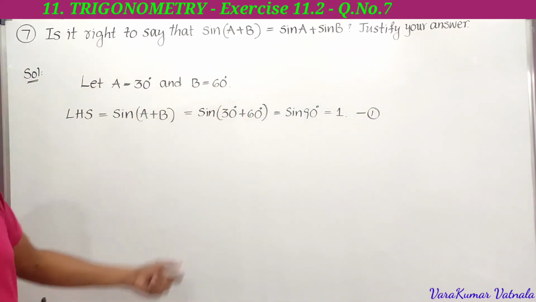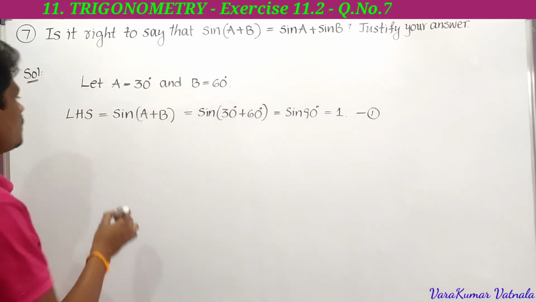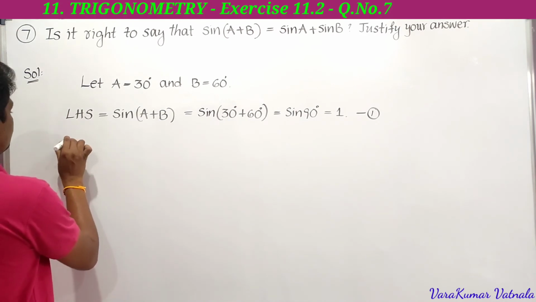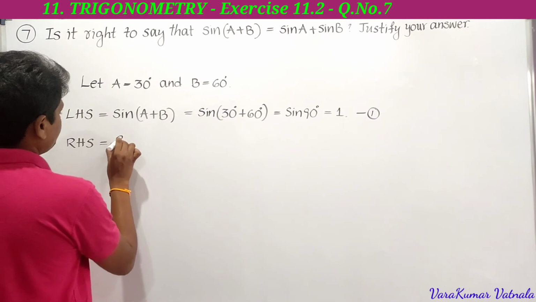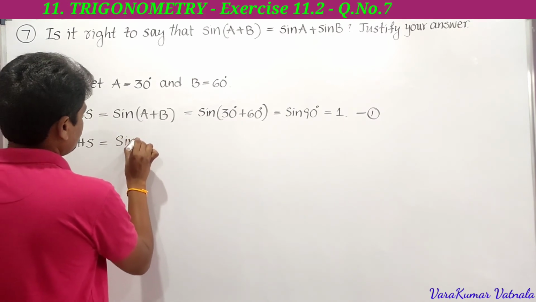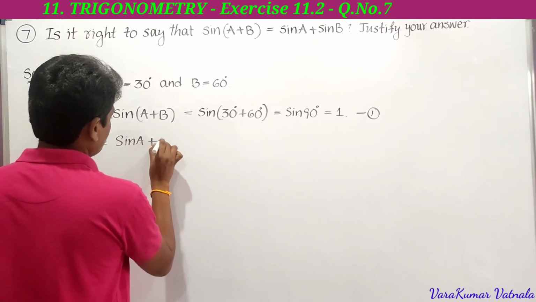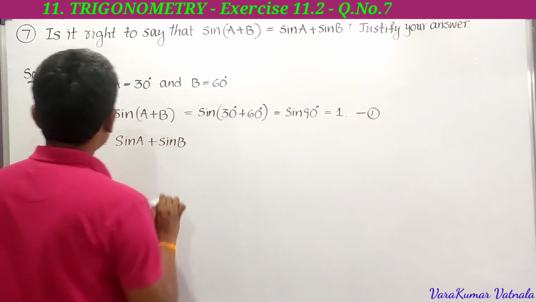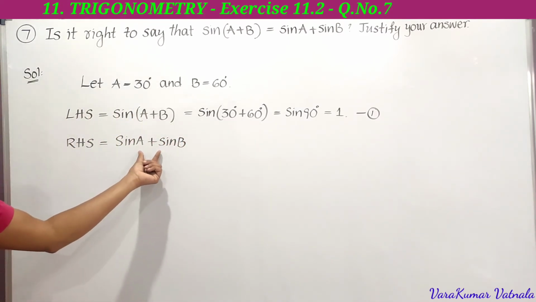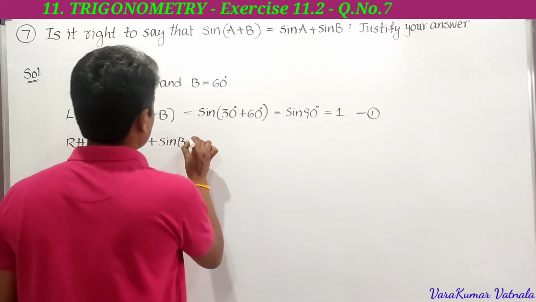In the same way we find the value of RHS. RHS is sin A plus sin B. Again we substitute the A and B values.